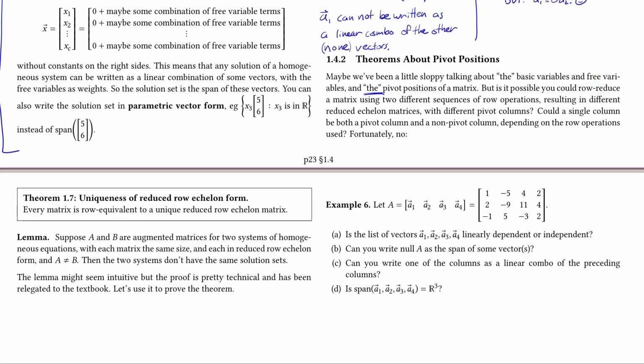How do you know that you couldn't take one matrix and row reduce it in two different ways, using two different sequences of Gaussian elimination operations, and get two different reduced row echelon matrices that have pivots in different columns? So I want to prove that that is not the case, that there's actually only one unique reduced row echelon matrix given any particular matrix.